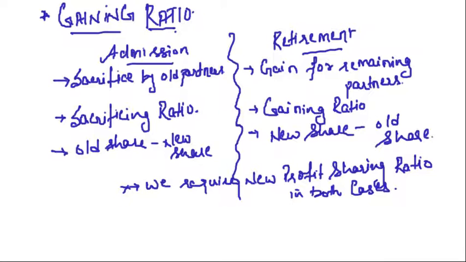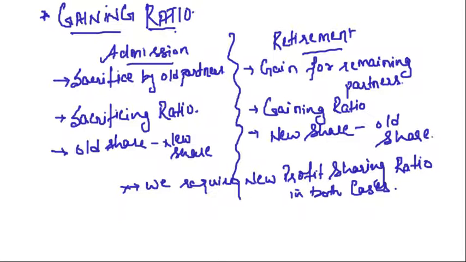Is that clear? I have made a comparison of the treatment in case of admission of a partner and in case of retirement of a partner. In case of admission, there is a sacrifice by the old partners in favor of a new partner. In case of retirement, the retiring partner gives his share to the remaining partners, which is a gain for them, because now they are going to enjoy more share in the profits as compared to earlier.